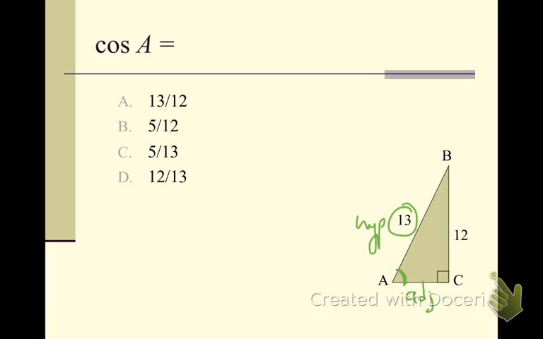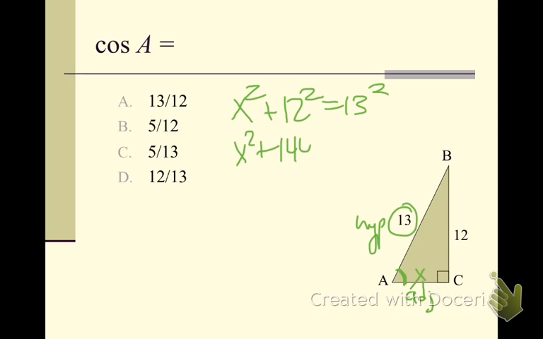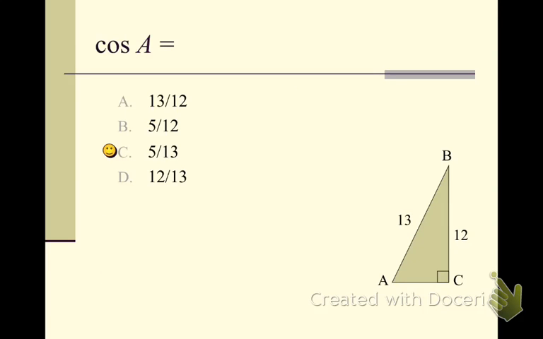We don't know the length of the adjacent side, but if we call it x, because of the Pythagorean theorem, x squared plus 12 squared should equal our hypotenuse, 13 squared. So x squared plus 144 equals 169. So x squared is 25, which is a perfect square, so x must be 5. That gives us our adjacent, 5, over our hypotenuse, 13. Answer choice C.